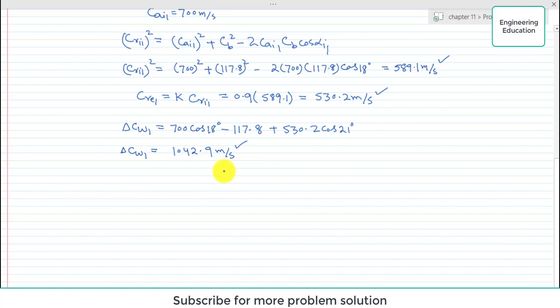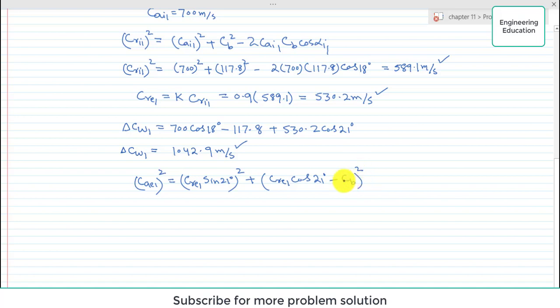Also, to find the value of CAE1, again we can write from the velocity triangle that CAE1 square is equal to (CRE1 sine 21) square plus (CRE1 cos of 21 degree minus CB) whole square.